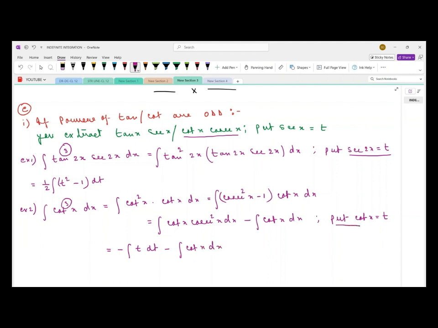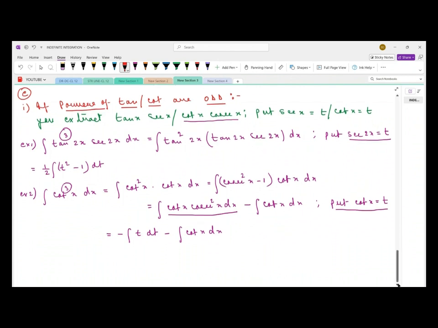This substitution is for this part. So let me add here, put sec x equal to t or cot x equal to t, depending on whether you have tan x or cot x in the sum. So this is when you have the powers of either tan or cot odd.